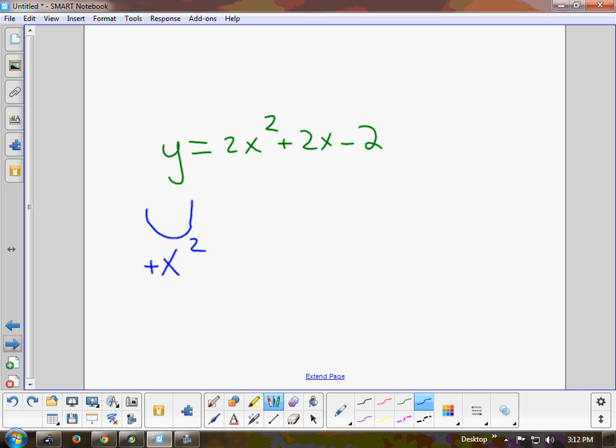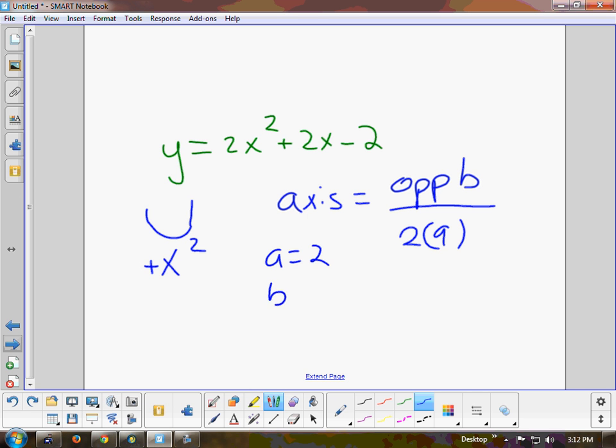So that eliminates choice D. The next thing is, we could make a chart, but let's get the axis of symmetry first. So the axis we said in class is the opposite of B over 2 times the A value. Well, in our case, A is 2, and B is 2, and C is negative 2. Okay?